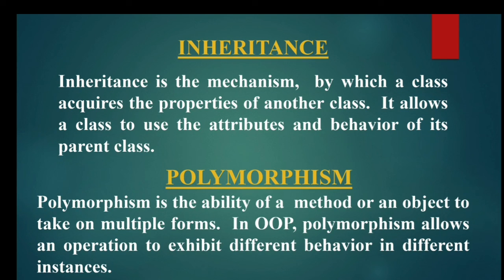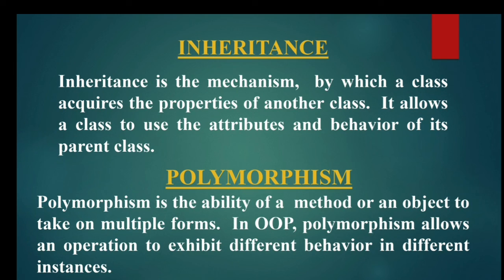Polymorphism is the ability of a method or an object to take multiple forms. In OOP, polymorphism allows an operation to exhibit different behavior in different instances. Okay, the word polymorphism means many forms.